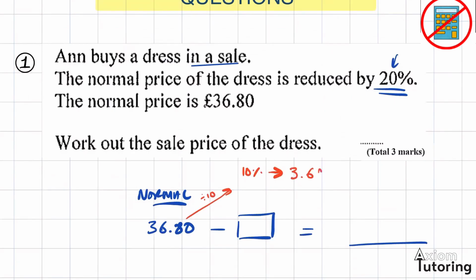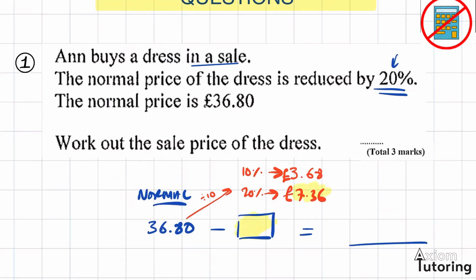That's £3.68. And 20% is just double that. So we do 3.68 times 2, and that's £7.36. And this is the quantity we'll be taking away.